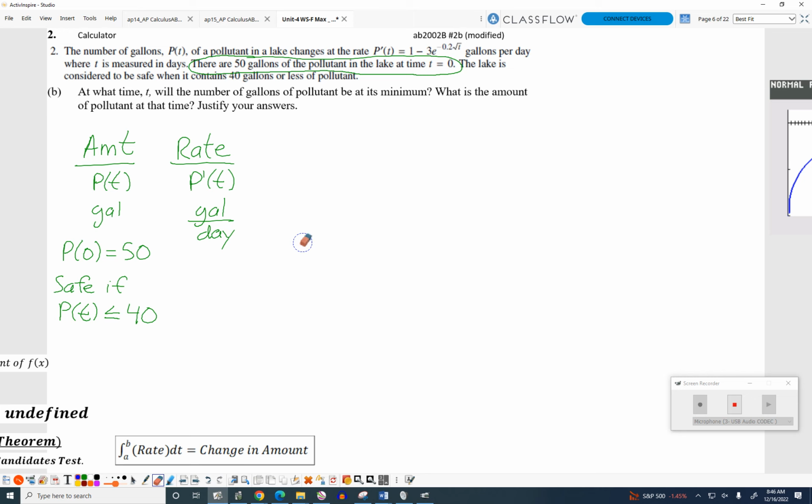let's see, the min value of P of T is either the value of P at the very first time I can check, P of 0. The very last time there is no last time, it goes on forever. So that's a little hard to write, but I kind of write something like this.